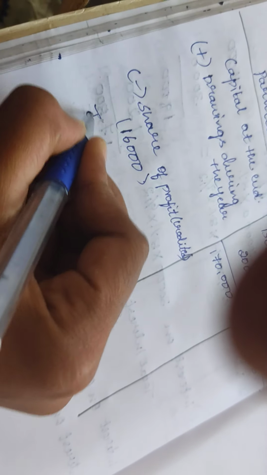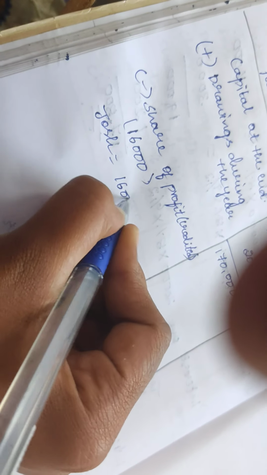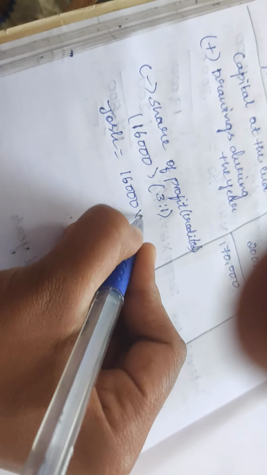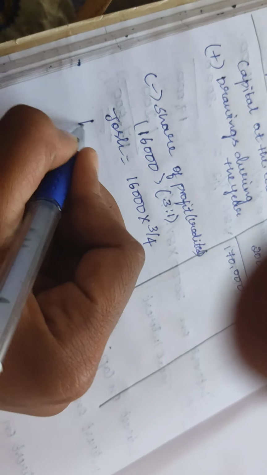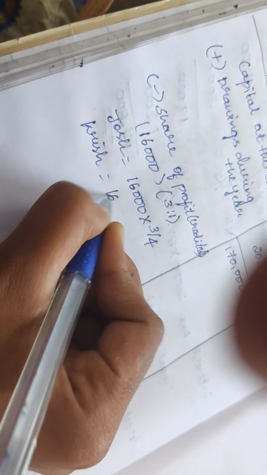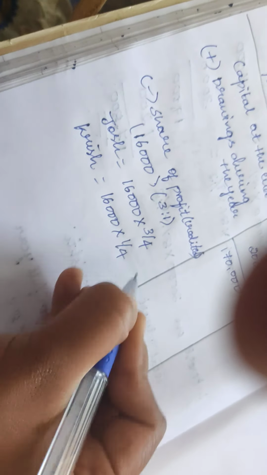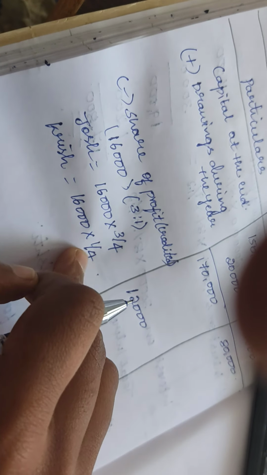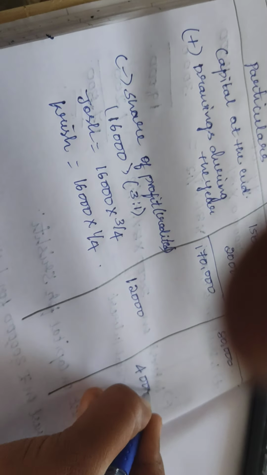So Josh is 16,000 into 3/4, and Krish 16,000 into 1/4. This 3/4 and 1/4 is the profit sharing ratio they have given in the first line of the problem. Okay. So 16,000 into 3/4 is 12,000 and Krish 16,000 into 1/4 is 4,000.